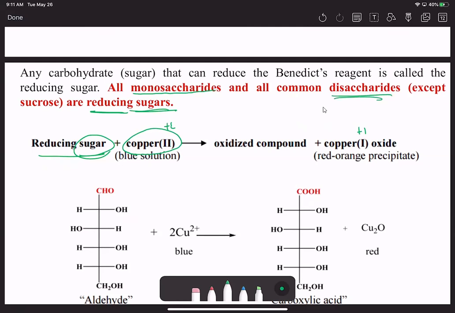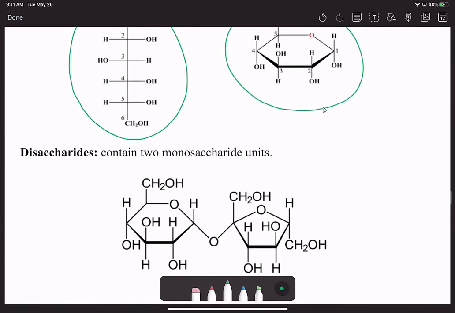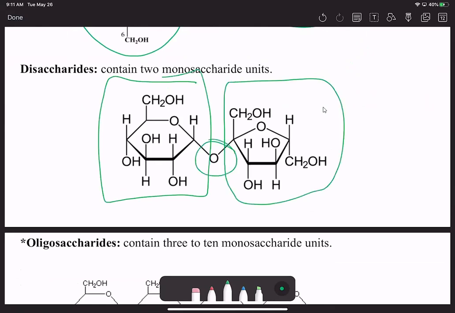Now, as far as this disaccharide goes, this is a disaccharide where we have two sugars that are bonded through this oxygen bridge. Di meaning two, right?